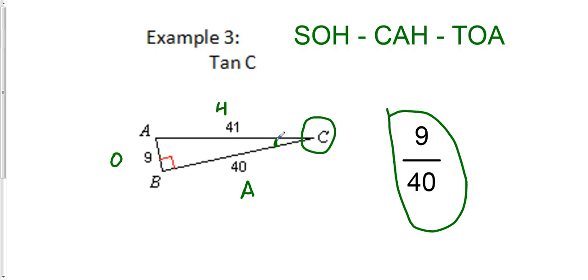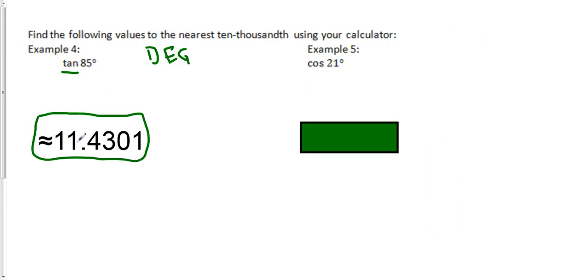If we knew it was 85, then we would know that the ratio, this over this, 9 divided by 40, would come out to 11.4301. So although we might not know our numerator and denominator, we know that when you actually divide them out, you'd get 11.4301. That would be the tangent or the trig ratio.